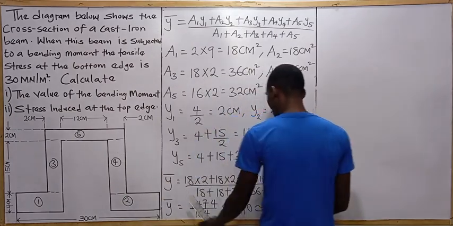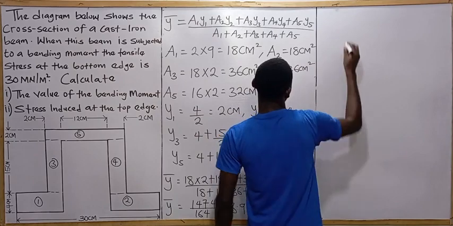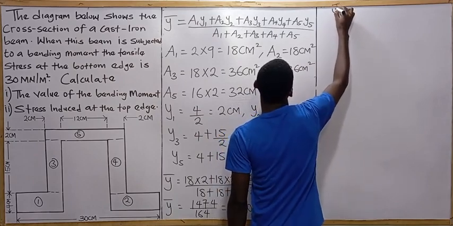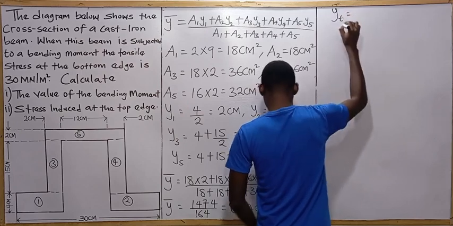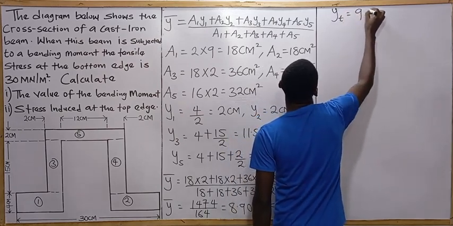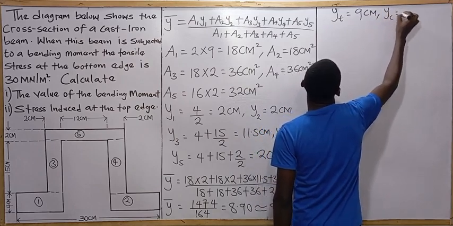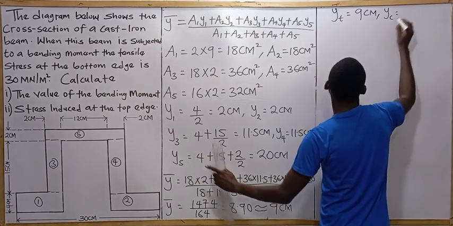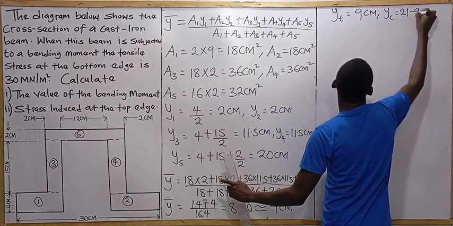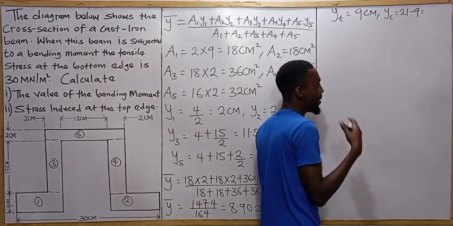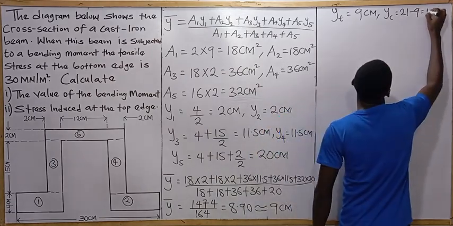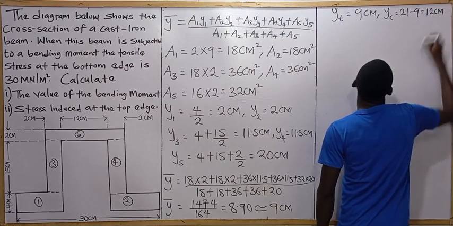So the y bar here is the same thing as our yt, which is going to be 9 cm. And our yc now is going to be 21 minus 9, which is 12 cm.